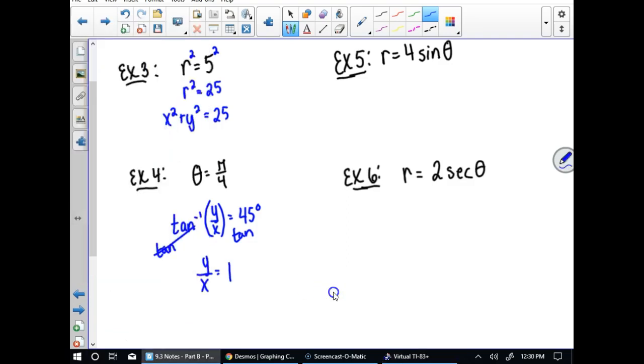And then if I want to solve that for y, I would multiply both sides by x. So y equals x. Okay. Questions?